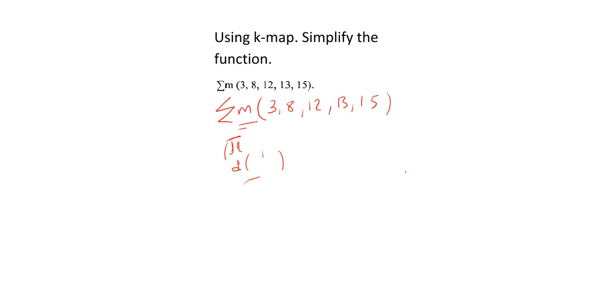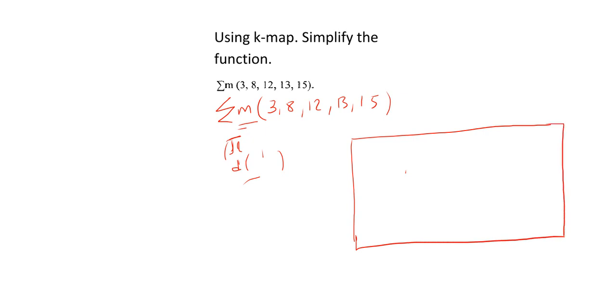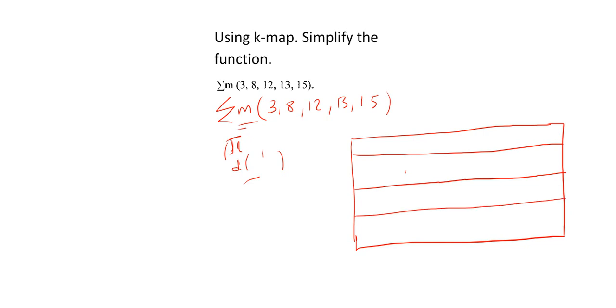So let's draw a K-map of 16 squares. We have the first row, the second, the third, and the fourth row, so we divide it to have 16. That is our K-map with 16 squares.